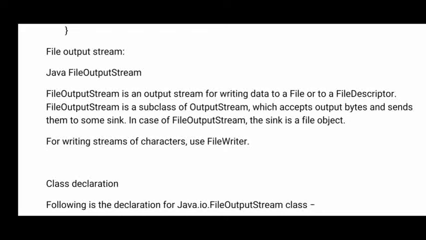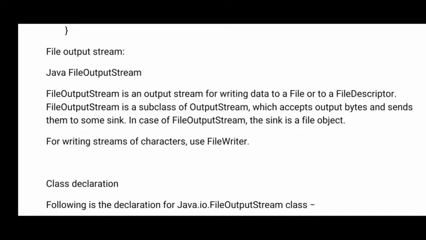So if you want to write content into the file, then we'll use a stream called file output stream. Using a file output stream, we can write some content to the file. See here the definition: file output stream is an output stream for writing data to a file. Please underline that point.